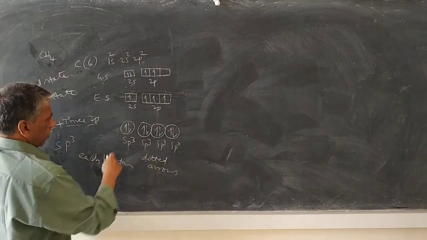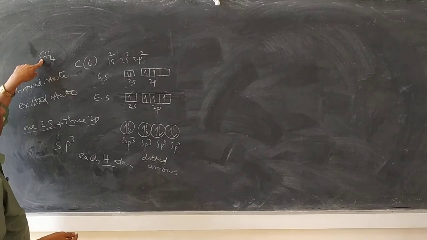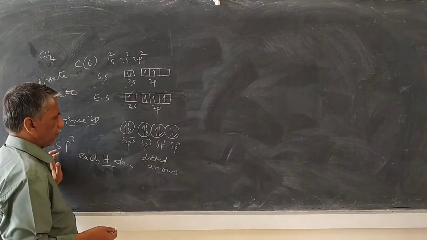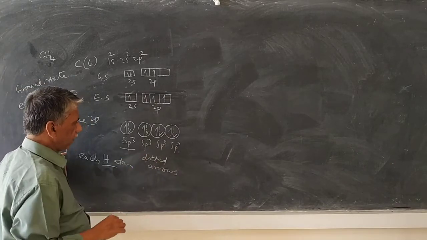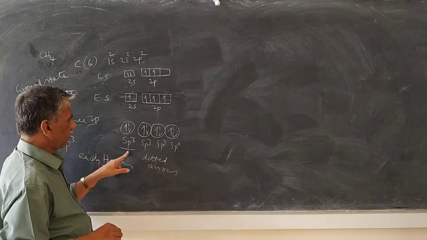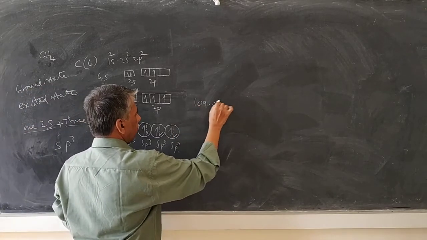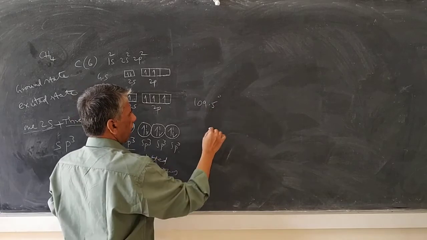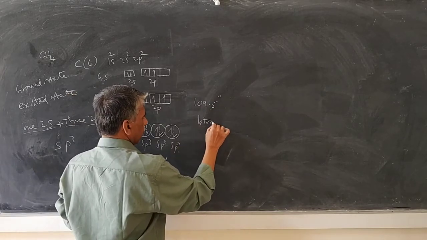Like this, the CH4 molecule is formed, and in this formation of CH4 the hybridization involved is sp3. Since the hybridization is sp3, the bond angle is 109.5 degrees, and the geometry of the molecule is tetrahedral.